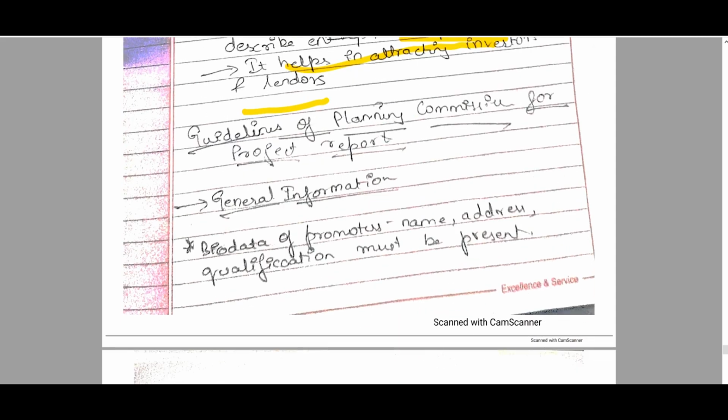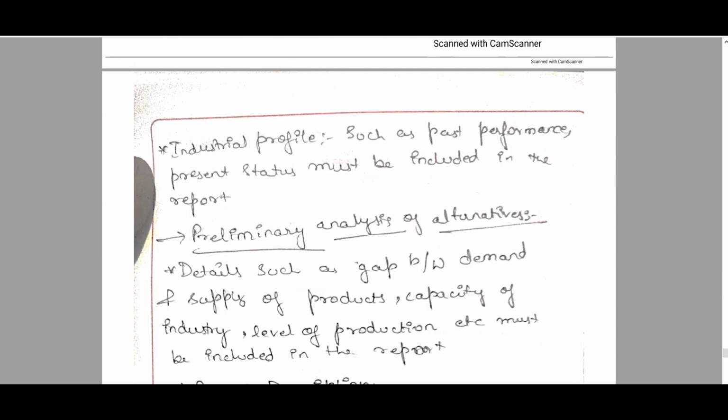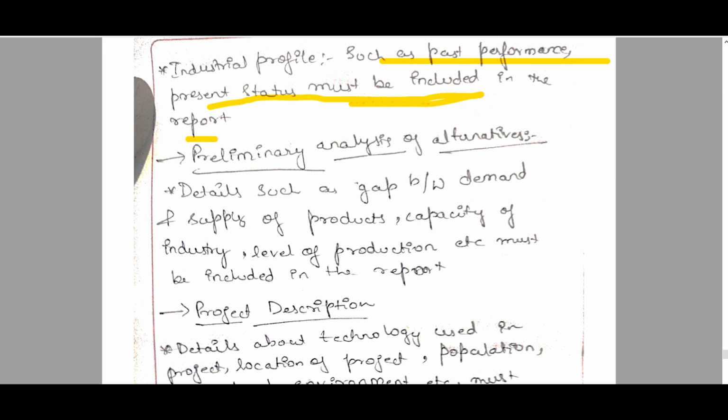So what are the guidelines of planning commission? General information, biodata of promoters, name, address, qualification must be included in the report. Industrial profile, past performance, present status must be included in the report. Preliminary analysis of alternatives.